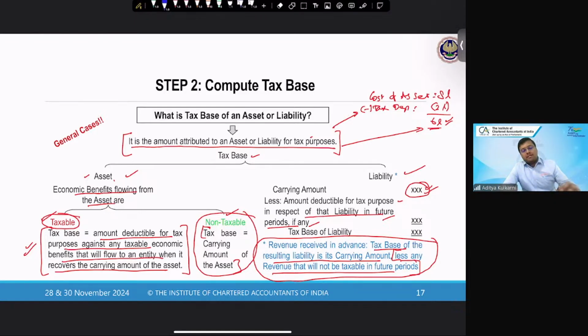Very simple. If I have the asset, I have to meet the cost of that asset, so I will debit it to the P&L. By this debit, I am getting a credit somewhere. If the revenue that you generate can be made available for recognizing the cost of this asset in the future in the form of depreciation or write-off or whatever it is, then that amount will be your tax base.